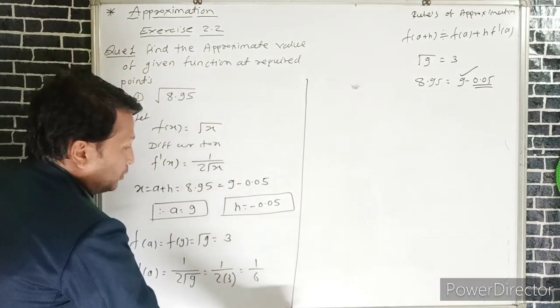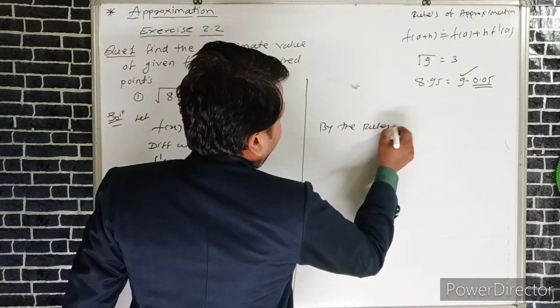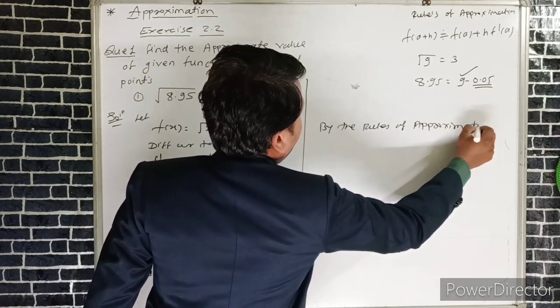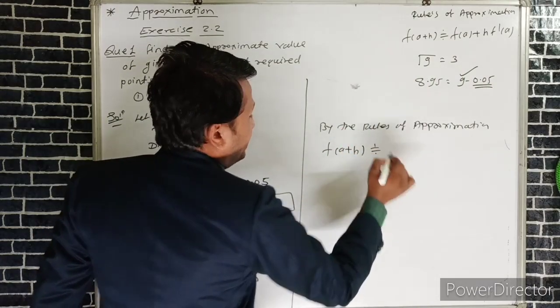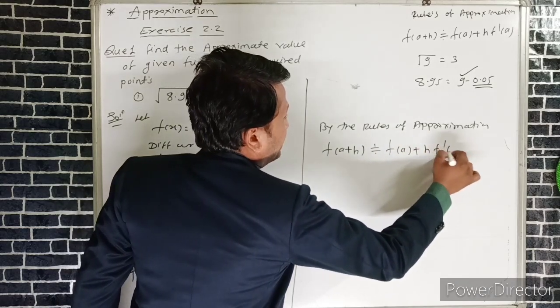So now we can calculate by the rules of approximation. The rule of approximation is f of a plus h is approximately f of a plus h into f dash of a.